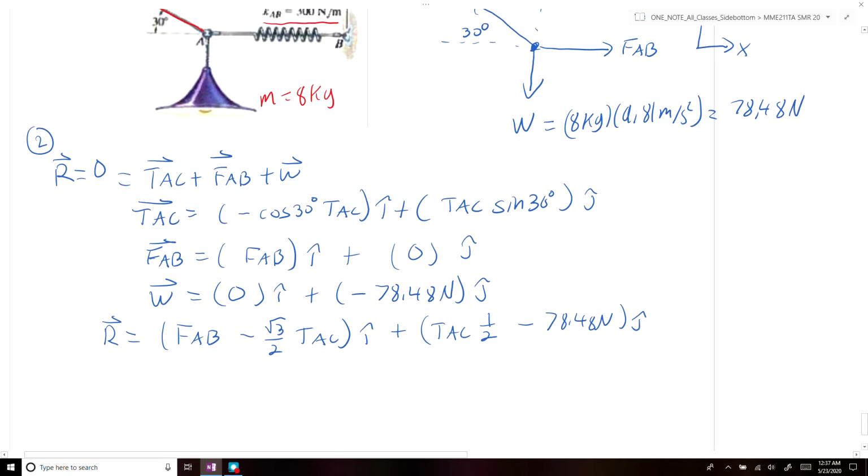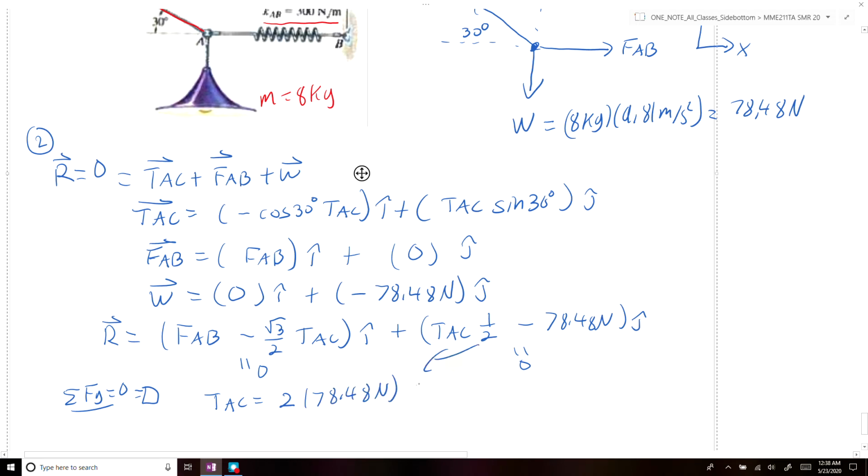So if we look at just the y component first, so we sum all the forces in the y direction, we'll get TAC is going to be equal to 2 times 78.48. All right, so there's just this equation here, and what we end up getting is 156.96 newtons.